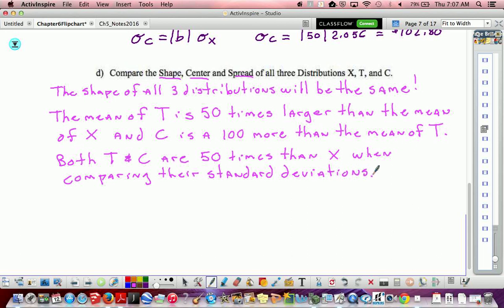All right, so again, it's just emphasizing this fact of how linear transformations impact and change our values. All right, so that ends our notes here for 6.3.